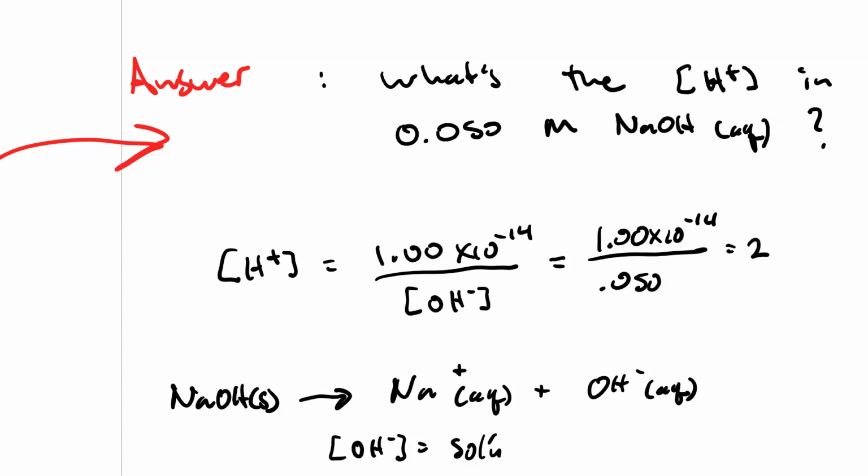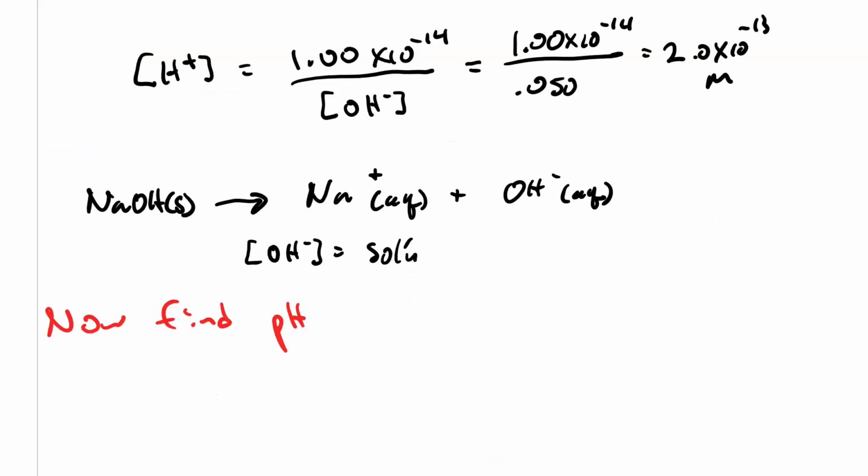Which gives us 2.0 times 10 to the negative 13 molar. Now we can find the pH. pH equals a negative log of the hydronium ion concentration.